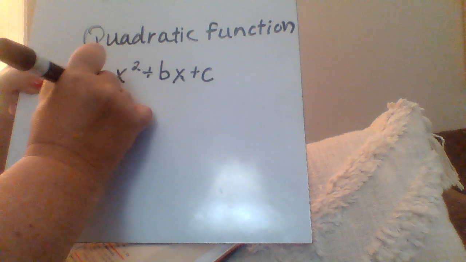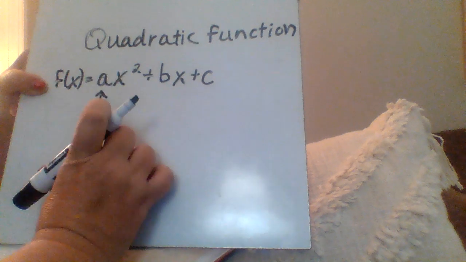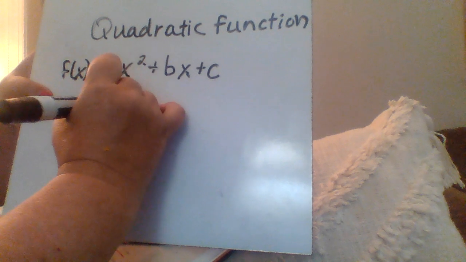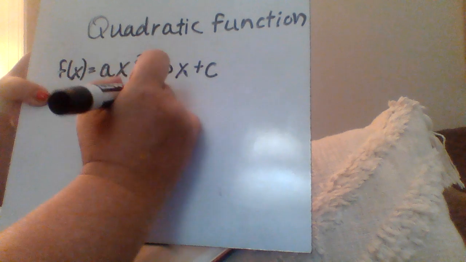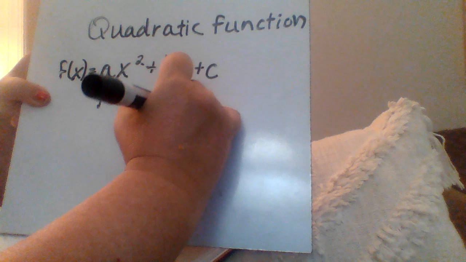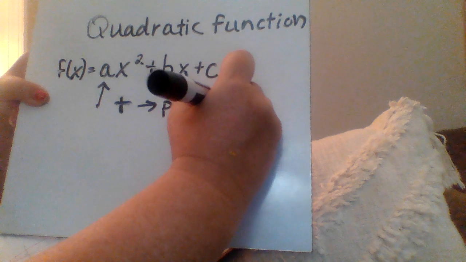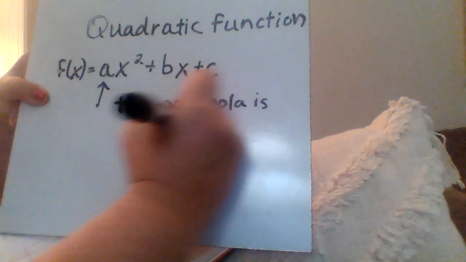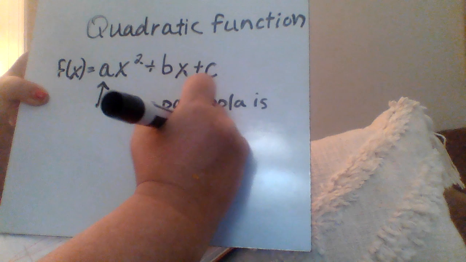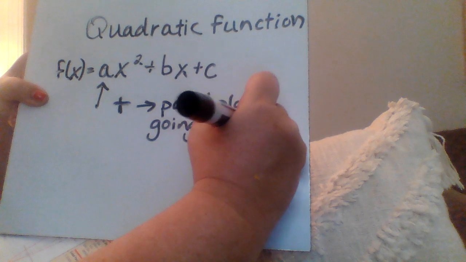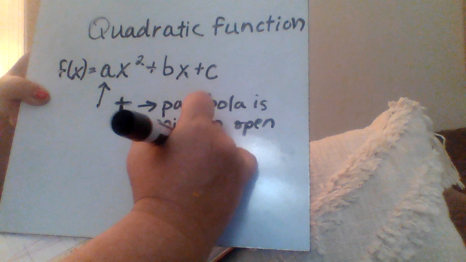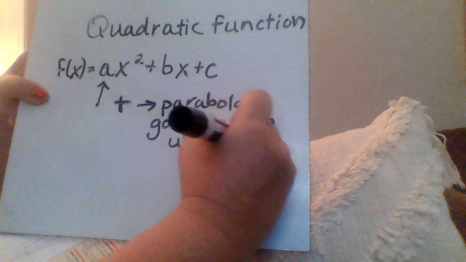So this a right here is going to tell us if it is positive. So if a is positive, the parabola is going to open upward, just like the example we just did.